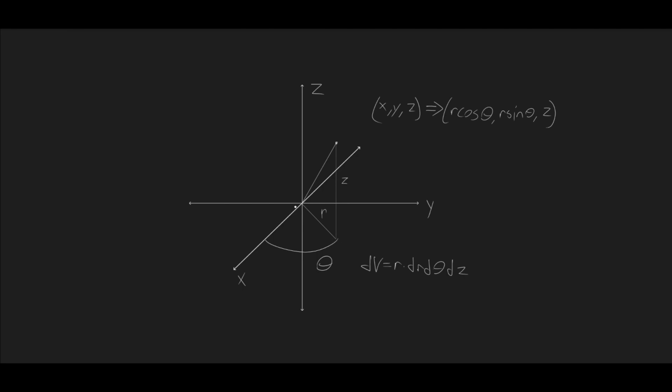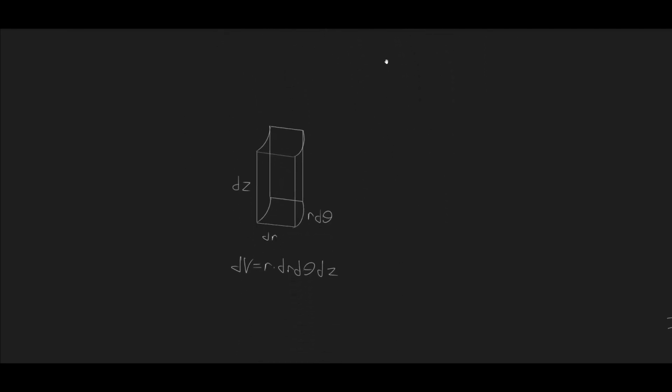And just like in polar coordinates, the element of volume for your triple integral is going to be r dr d theta dz. The reason for this is that if we take one of the small pieces of volume, dV, the volume will be dr times r d theta times dz.